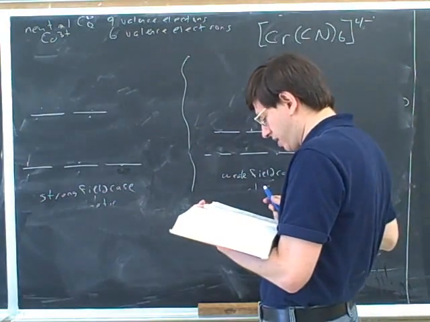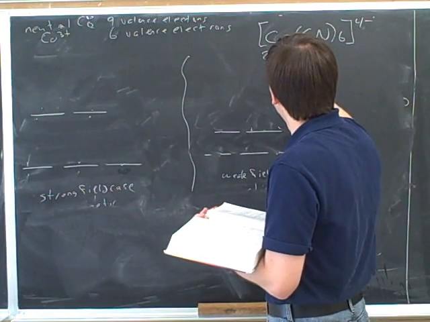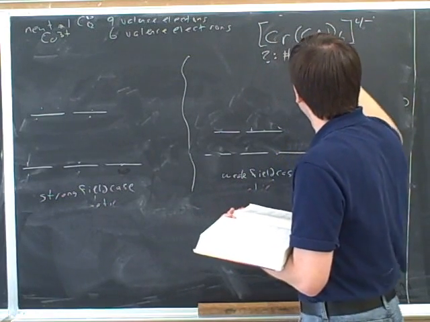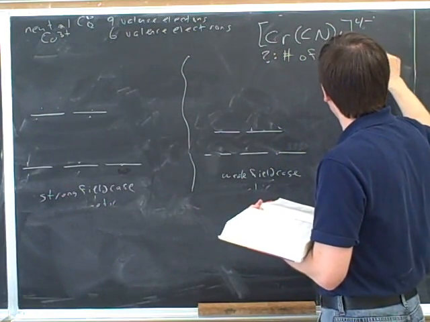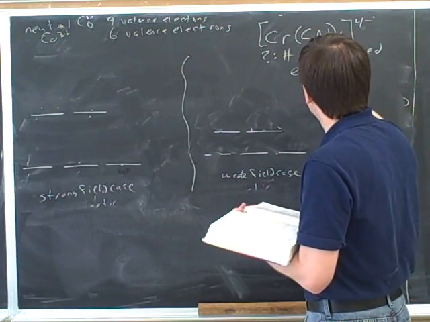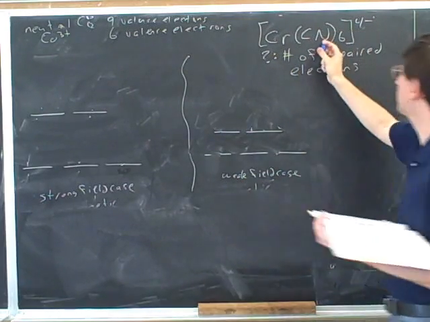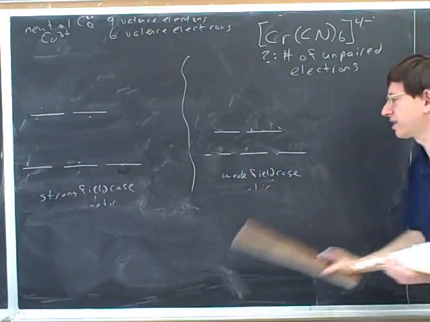The question here is to predict the number of unpaired electrons. In this compound, let's predict the number of unpaired electrons.